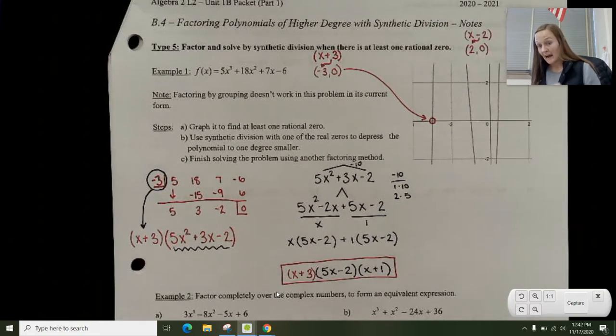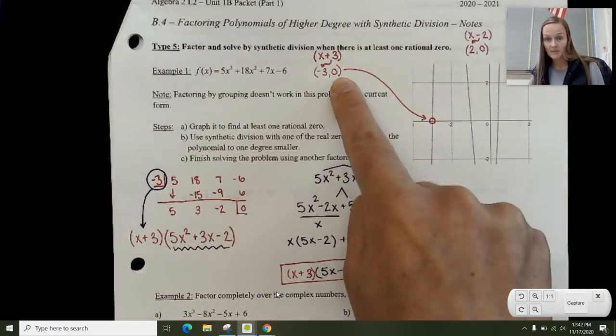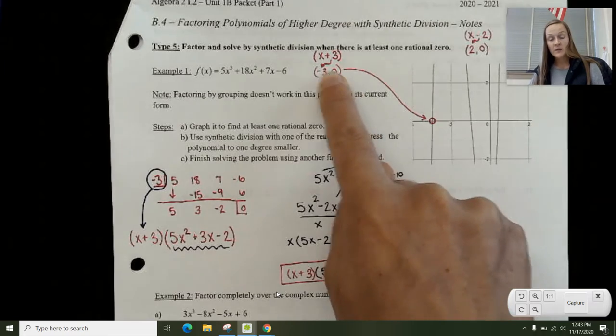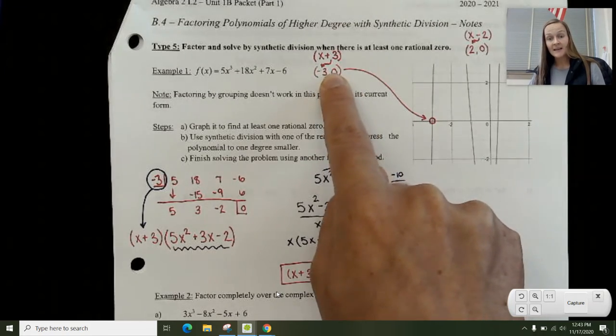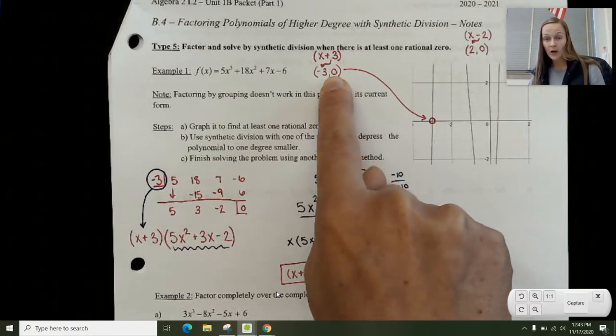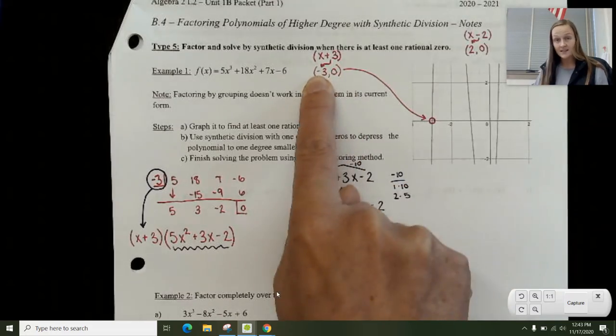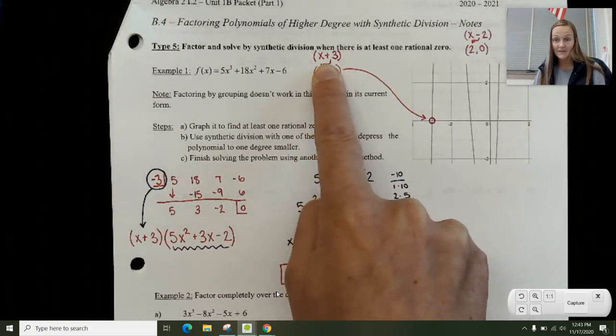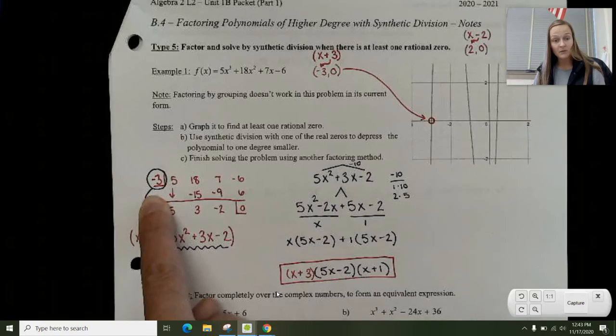So I graphed it on my graphing technology. I use Desmos, but maybe you use a graphing calculator. I found a zero at (-3, 0). Then I used that and I divided by the factor that would be created by it. So if -3 is the zero, x plus 3 is what I'm dividing by. And so -3 went in the box.